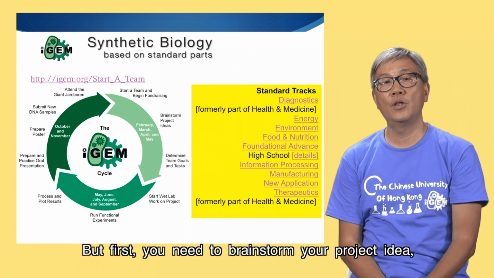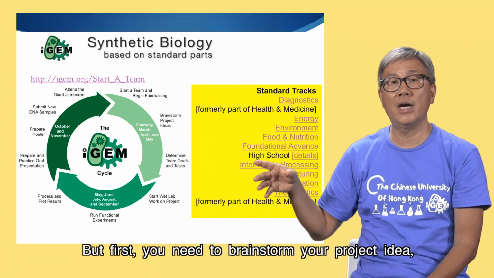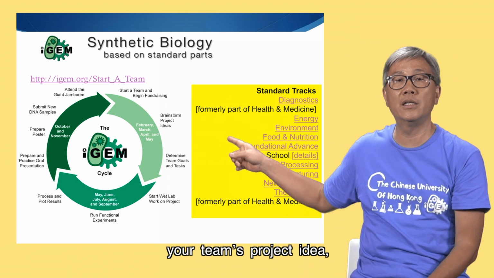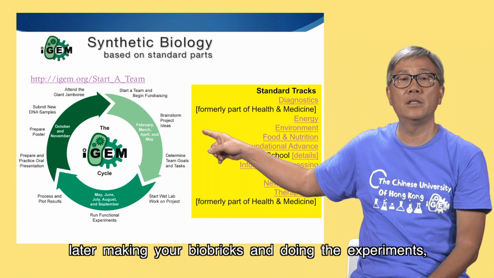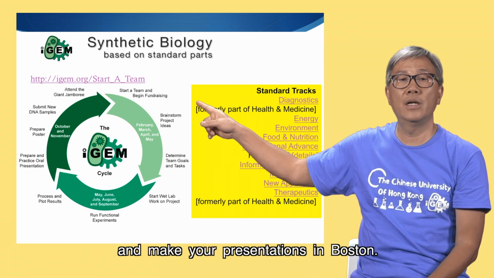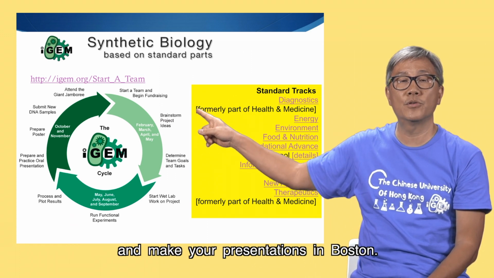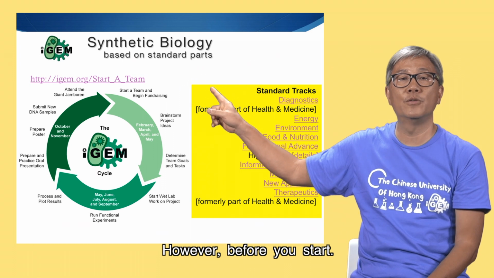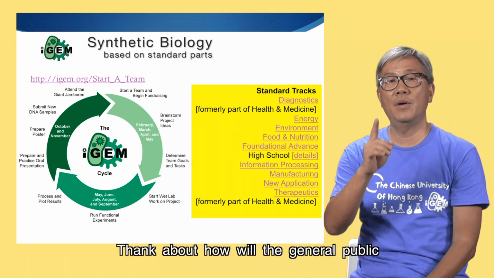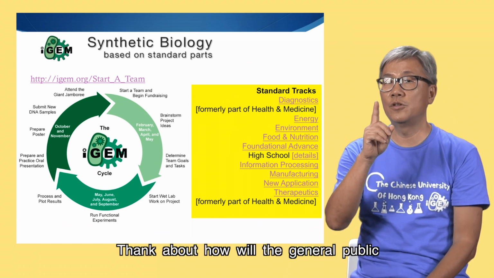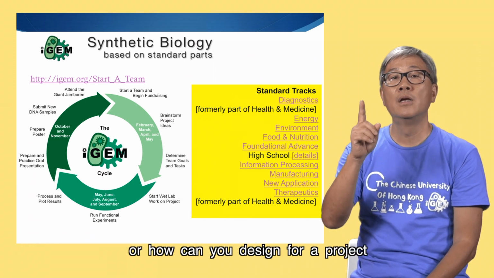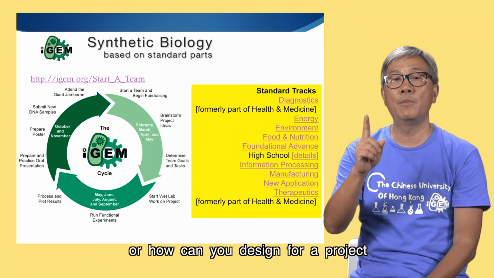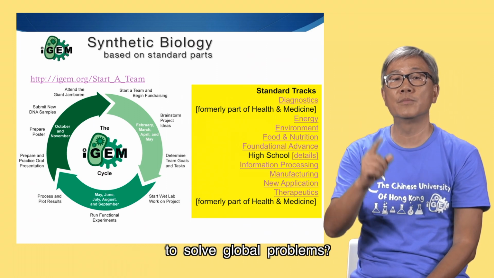But first, you need to brainstorm your team's project idea, later making your biobricks and doing the experiments, and make your presentations in Boston. However, before you start, think about how the general public will interact with your project, or how you can design a project to solve global problems.